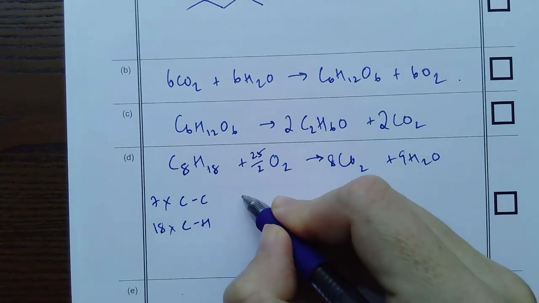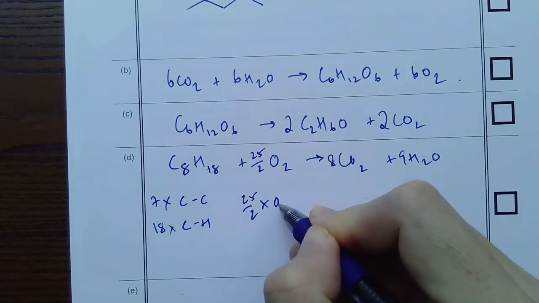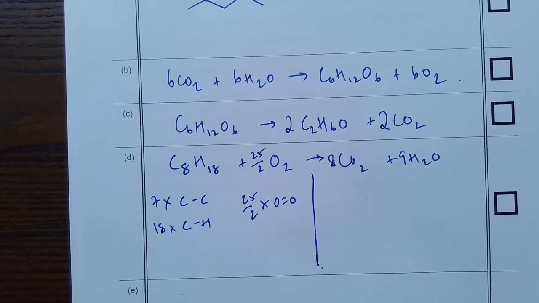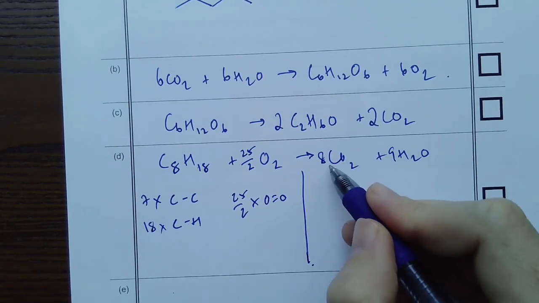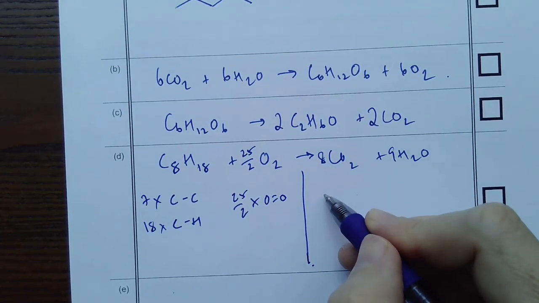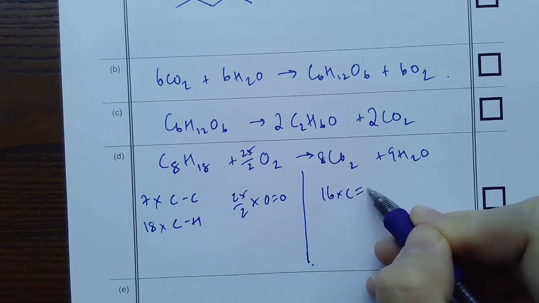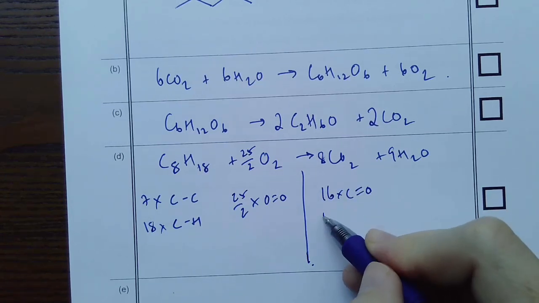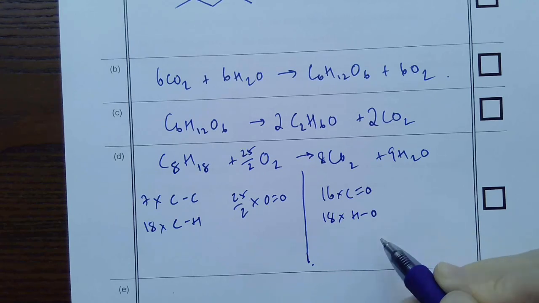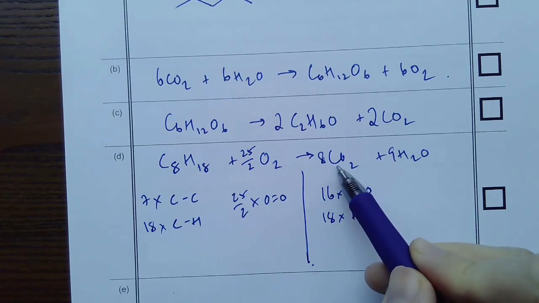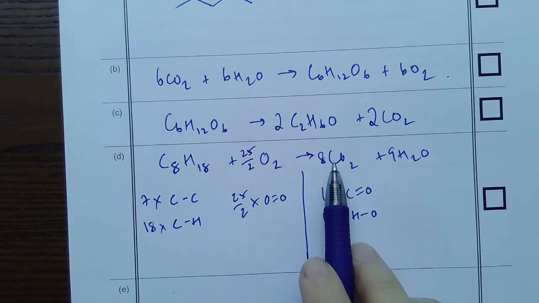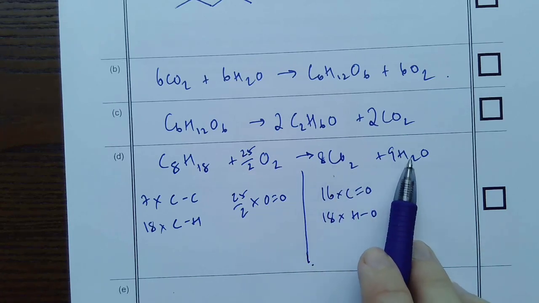Then I've got 25 over 2 times my O double bond O. That's my one side, that's my reactant side. Over here, this should be now second nature, 16 carbon oxygen double bonds and 18 hydrogen oxygen bonds, given that carbon dioxide contains 2 carbon oxygen double bonds and water contains 2 oxygen hydrogen bonds.